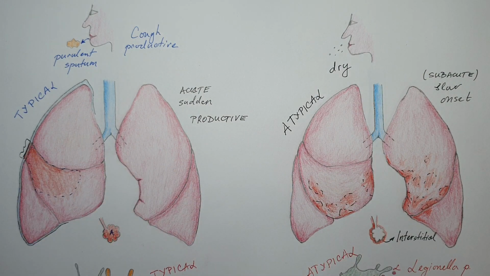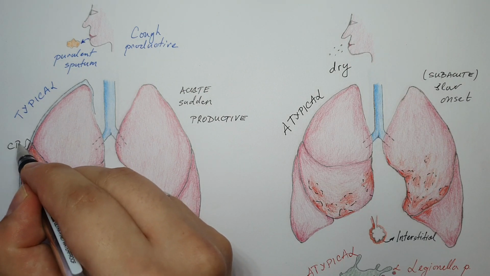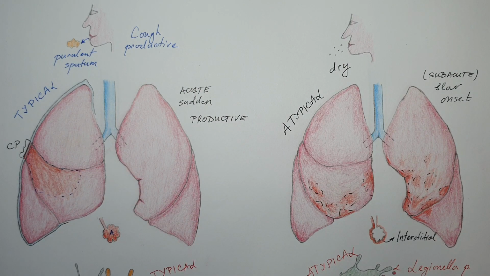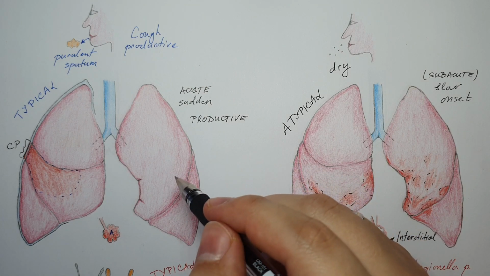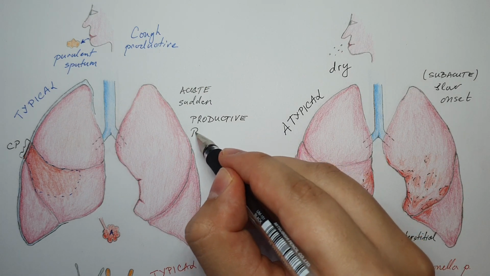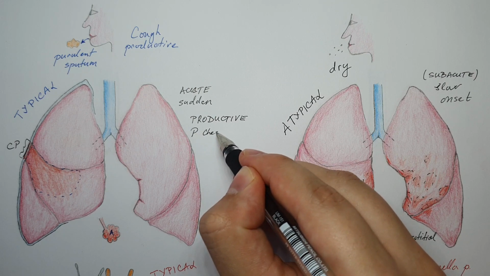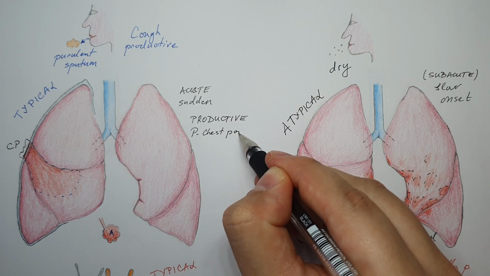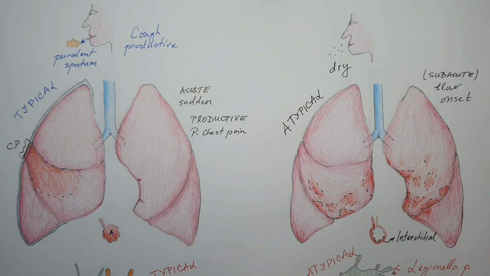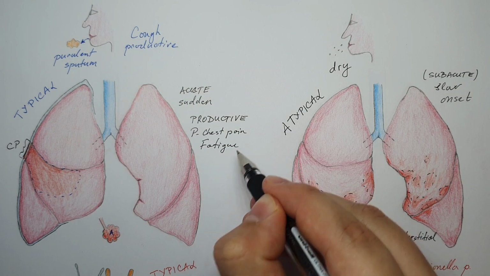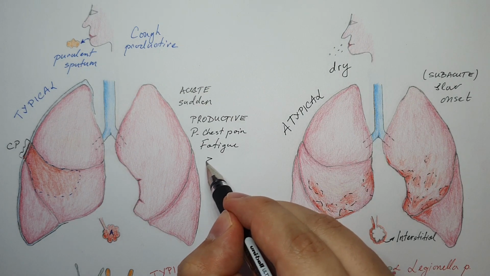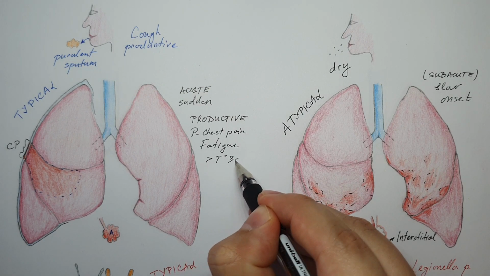If the pleura is irritated, this can lead to chest pain, called pleuritic chest pain. Then we can also have fatigue, and it is common that they also have a higher temperature.